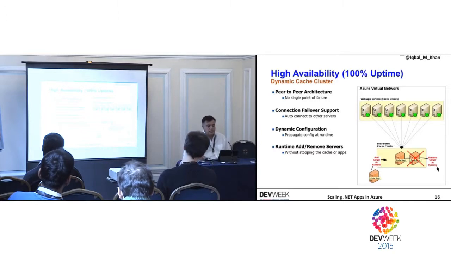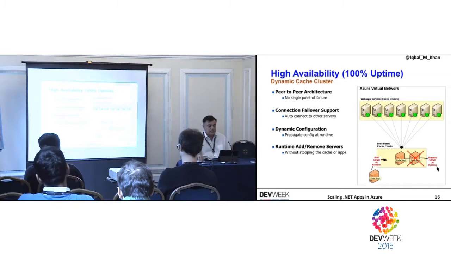But a peer-to-peer architecture means that every server in the cluster is a peer. Any server can go down, which of course anyone can, right? And it does not stop the cache. If that is the architecture of the cache, then it has a peer-to-peer architecture. So that's the first aspect of the architecture that achieves high availability.